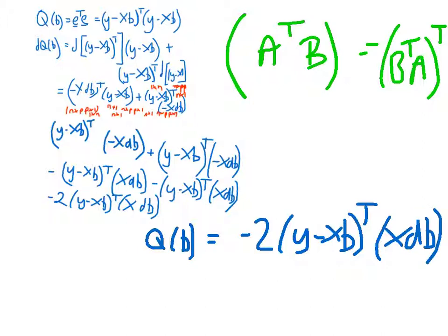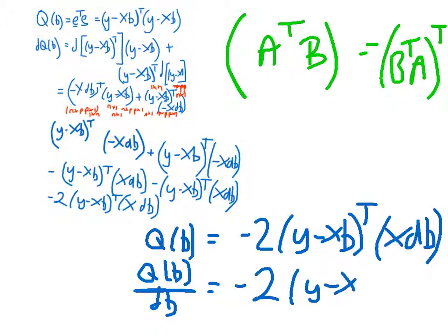So I can rewrite this as dQ of B with respect to dB is equal to minus 2 y minus xb transpose multiplied by x, and I'm using an identification theorem from vector calculus that lets me do this.